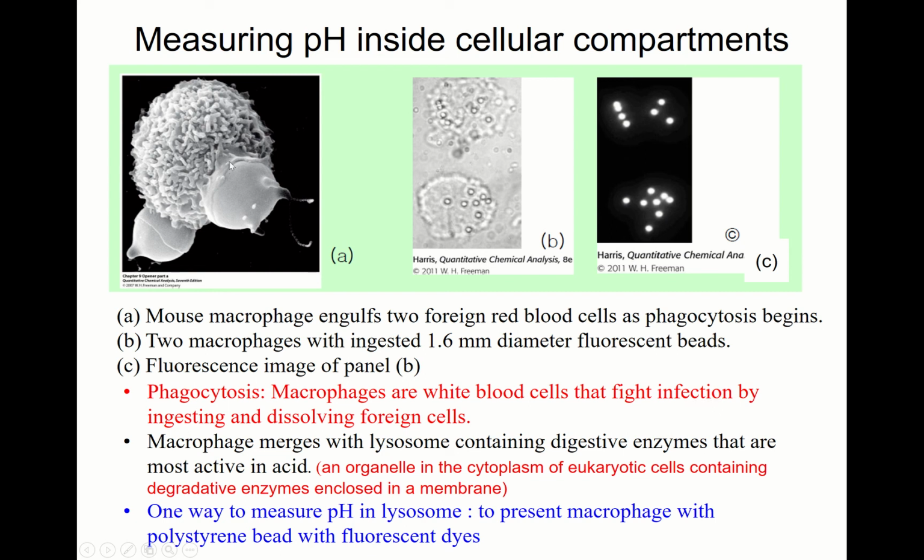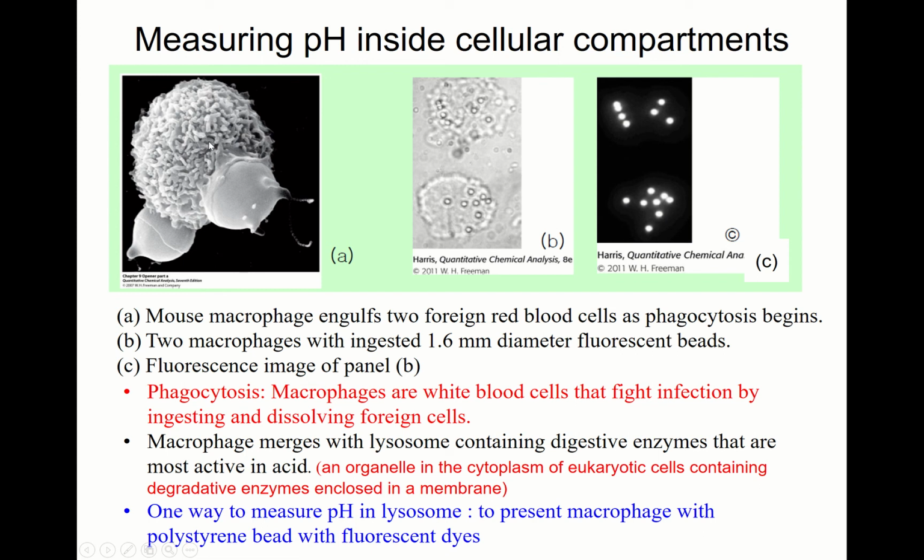The process is called phagocytosis. In this case, you may want to monitor the pH change inside the cell. How can you do that?